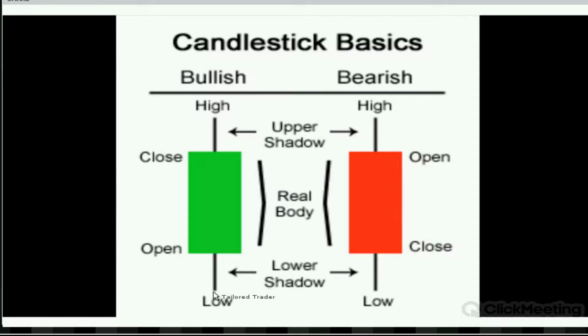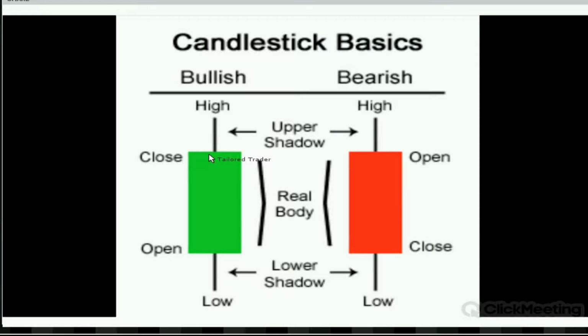It could have reached, or it did reach, down to this low level down here, but it retraced back up to the opening price, and it started to build the body of the candle, and it got all the way up to the high of the wick right here, and it retraced back down to the closing price. So it closed at this price, which basically means that it built this body right here from open to close.